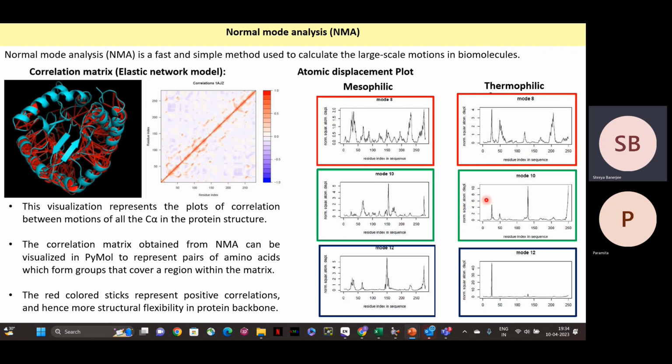So if you look at the atomic displacement plots, in the mesophilic protein the number of peaks is generally quite high, meaning that the conformation is not that stable. But in the thermophilic protein plots, the number of peaks is very much reduced, meaning that the displacement is low. That is, the conformation is quite stable. So just looking at the plots, you can predict which is the mesophilic and which is the thermophilic protein.